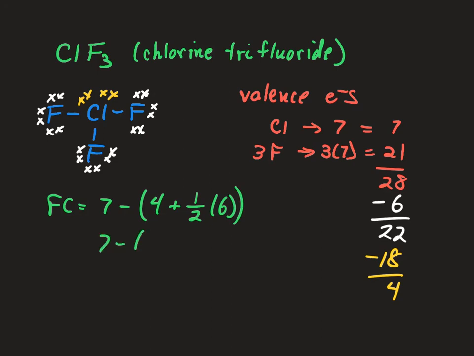So we have 7 minus 4 plus 3 equals 7 minus 7 equals 0. And so that central chlorine has no formal charge, which makes us more confident in our structure.